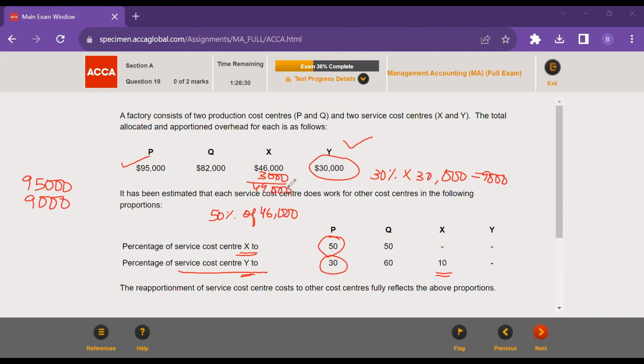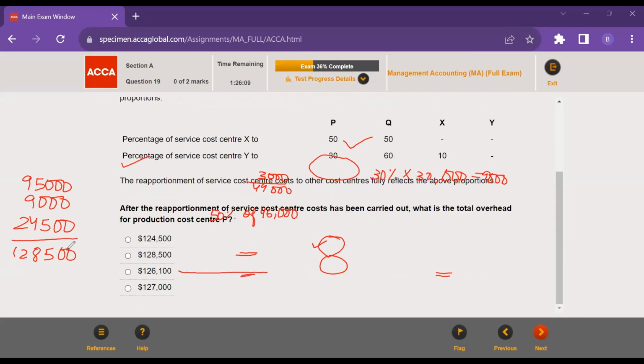So now we will be taking 50% of this to our division P. So 50% of 49,000 will be 24,500. Now if I add all of these figures up, I will get 128,500 and this is my final answer. I will pick up this option, 128,500.